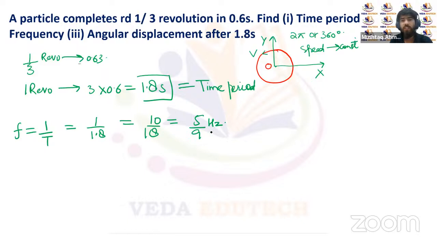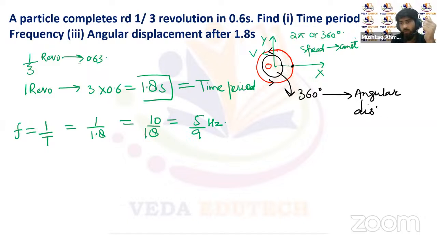Now, the angular displacement after 1.8 seconds. We know the time period is equal to 1.8 seconds. It means if the particle starts its motion from this point, then after completing a time period of 1.8 seconds, it will once again reach this position, and the angle traveled by this particle, or the angular displacement, will be 360 degrees. 360 degrees will be the angular displacement for one complete revolution.